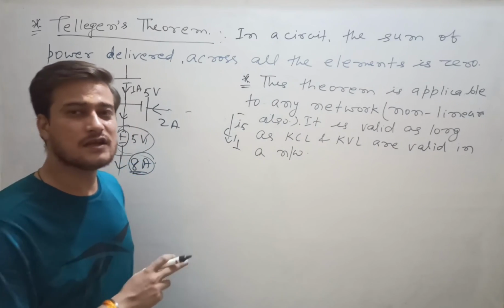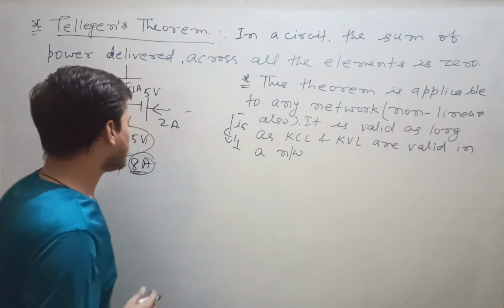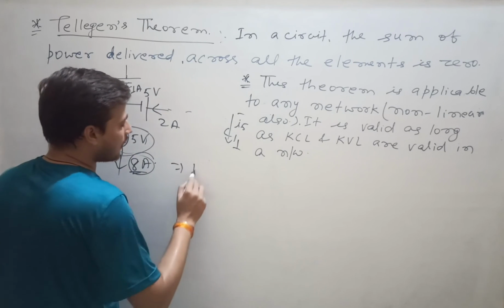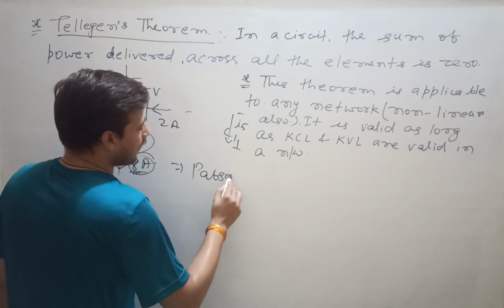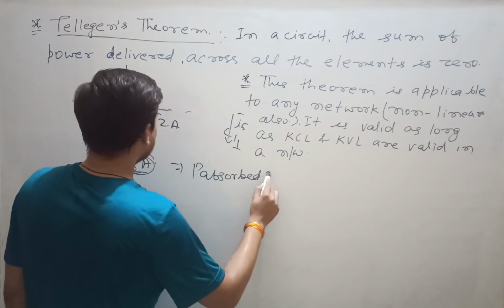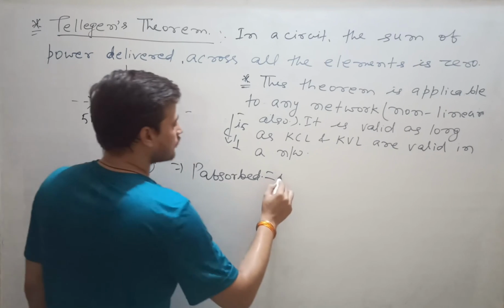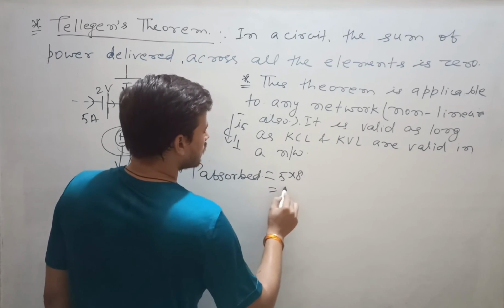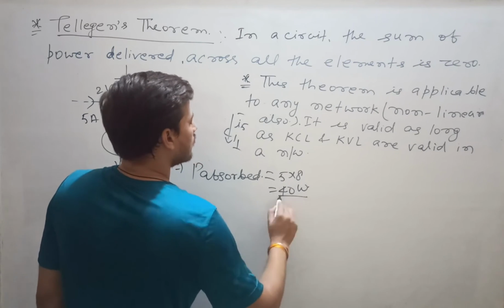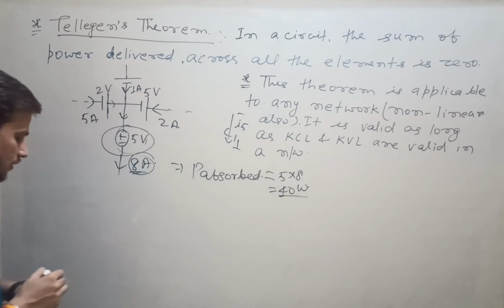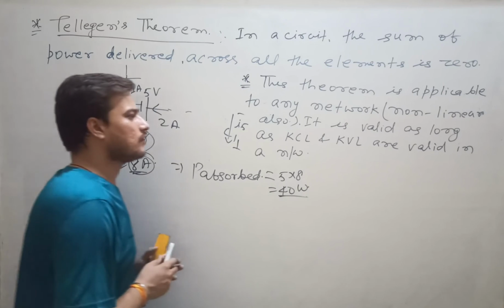The battery is in charging mode. So if it is in charging mode, that means power is absorbed. Power is being absorbed by the battery, and this power is 5 into 8. So it is equal to 40 watt. They are absorbing the power of 40 watt.